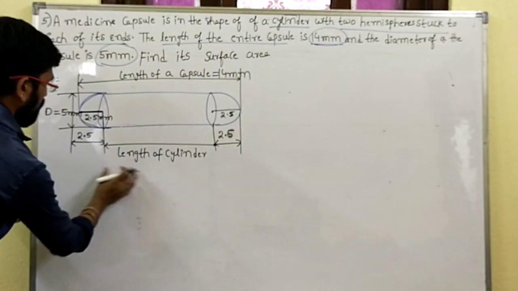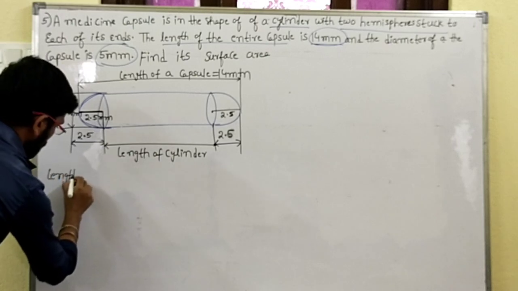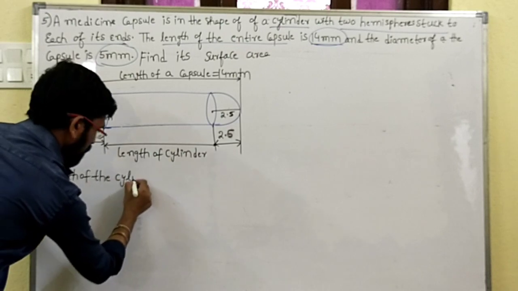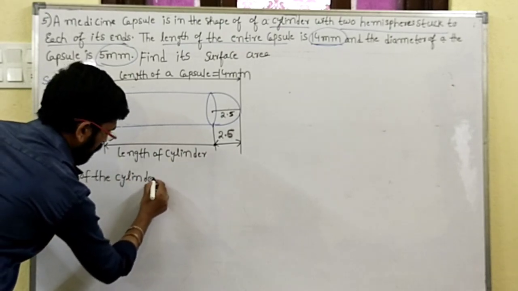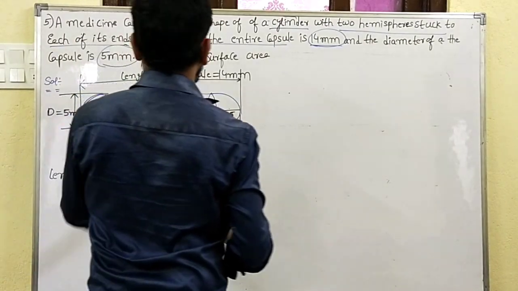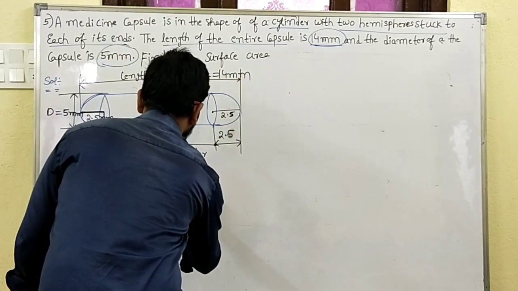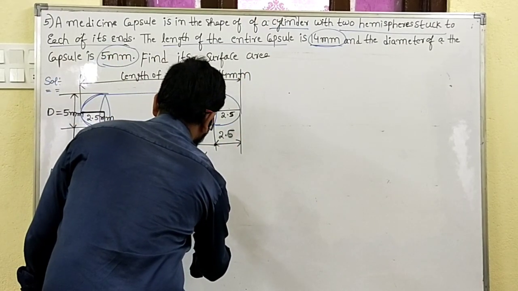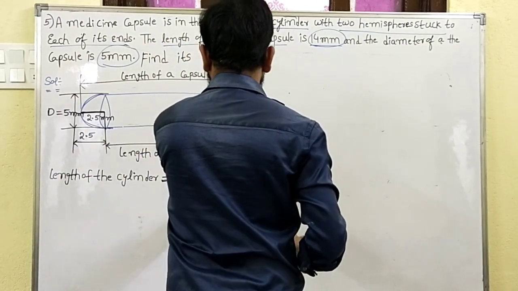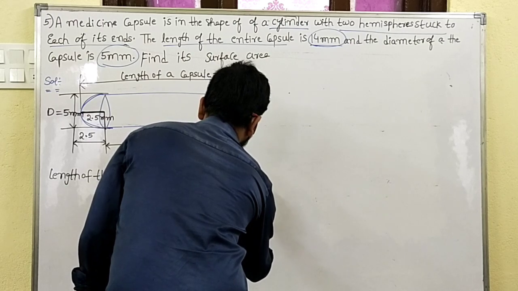From this, if you want the length of the cylinder, that is the total 14 mm minus 2.5 minus 2.5.